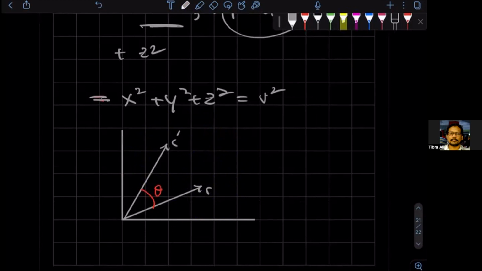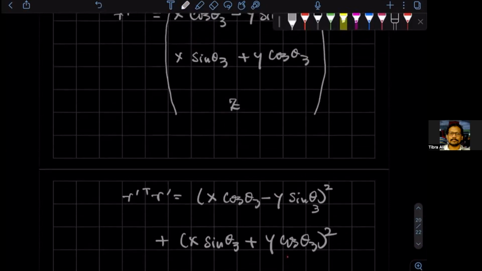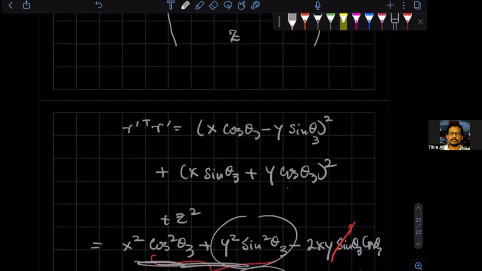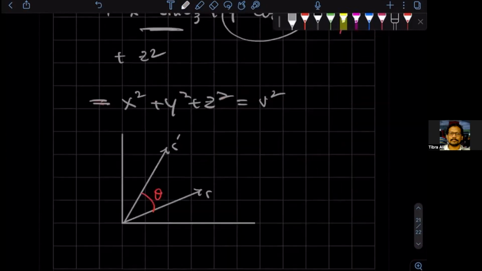Now you can verify that if r is given by x, y and z, then r prime is given by this, just by doing some elementary geometry.